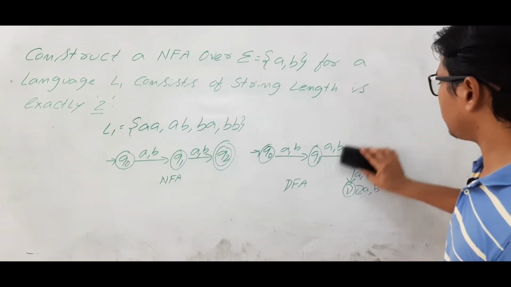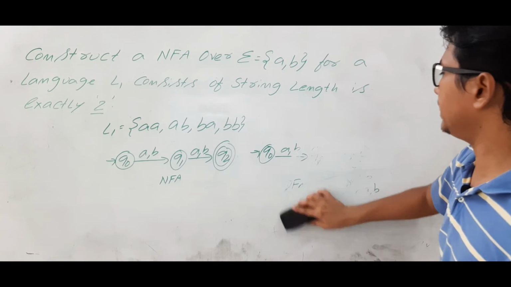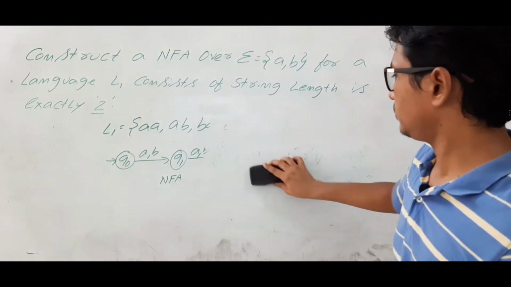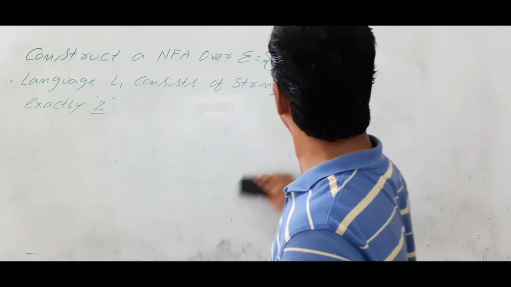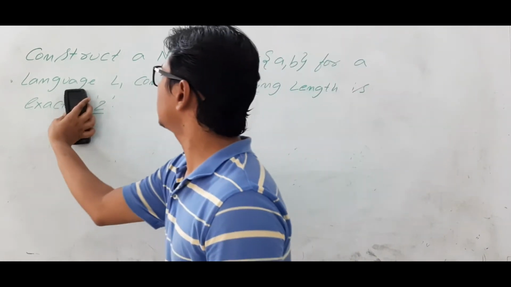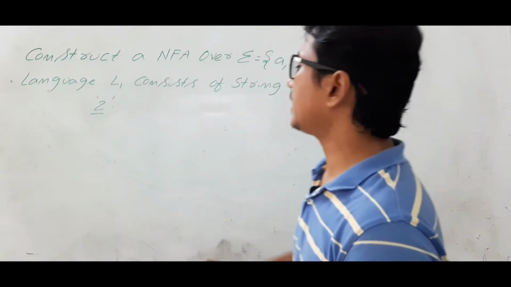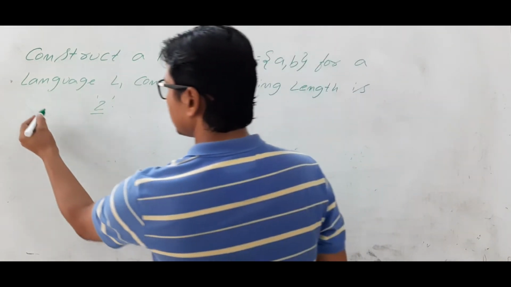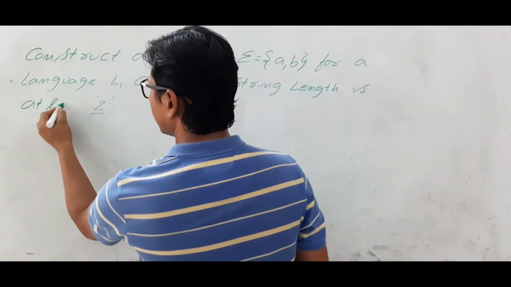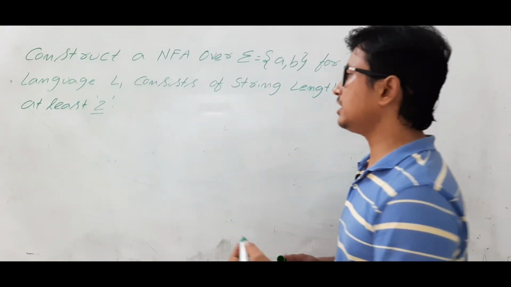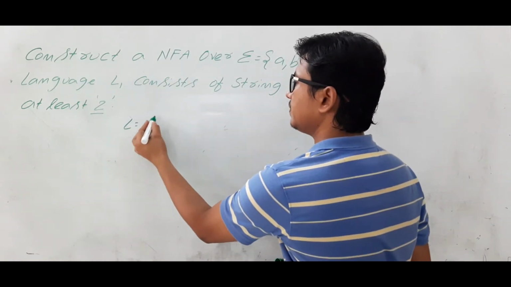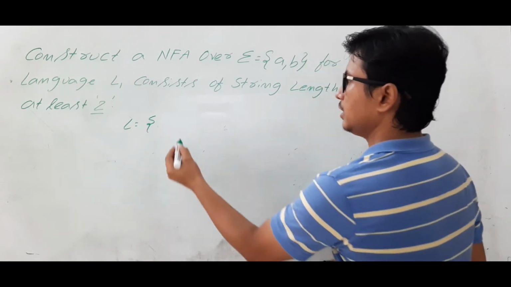For better understanding, let me take a few examples. We will change it a little bit. Instead of exactly 2, we will write at least 2. We have constructed the DFA for the same question. At least 2 means the length can be 2.